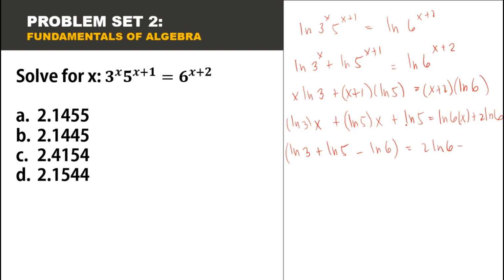We transpose ln 5 to the other side since it's a constant, so we have minus ln 5, and this is times x. So we have x as 2 ln 6 minus ln 5 all over ln 3 plus ln 5 minus ln 6.